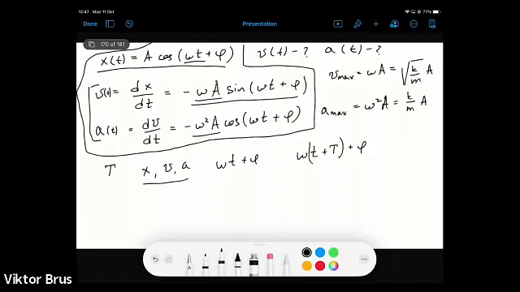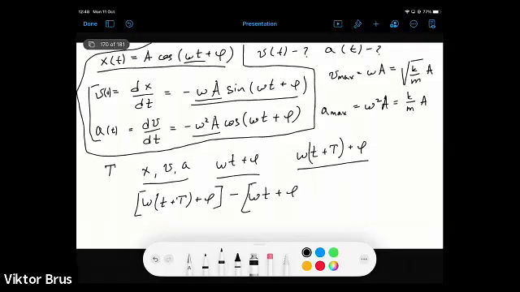So that means if we have a difference between the phases, let's say this is phase 2, this is phase 1. So here will be omega times [t plus period] plus phi, let's take it in such square brackets, minus the first phase, which is just [omega t plus phi], also in square brackets.